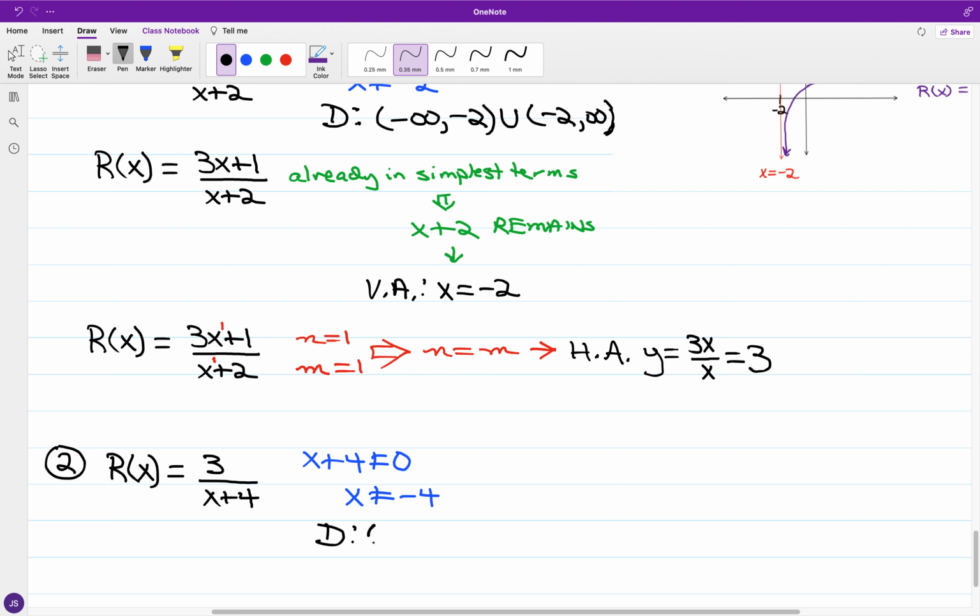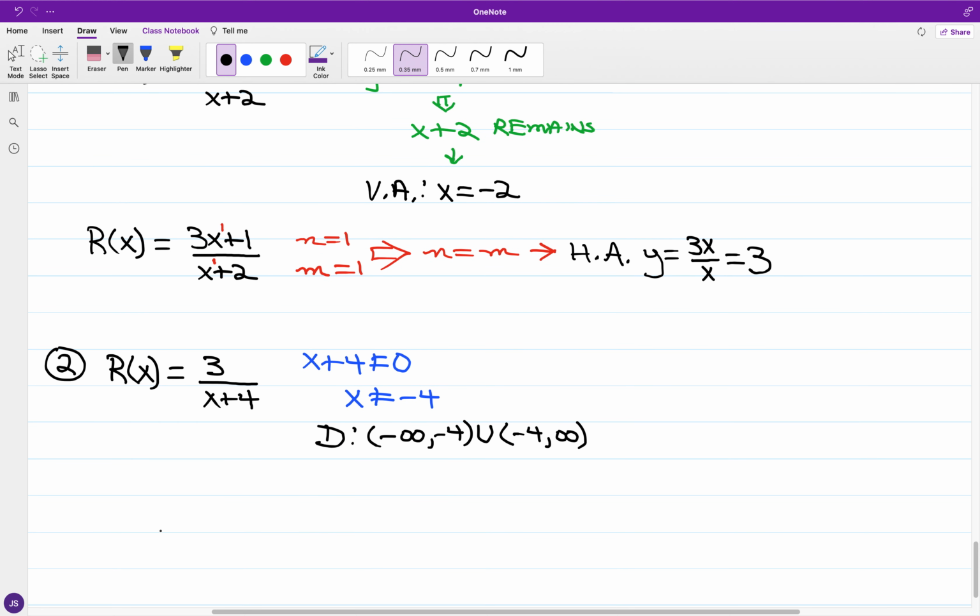And so for the domain, we have those values of x less than -4, along with those values of x which will be greater than -4.